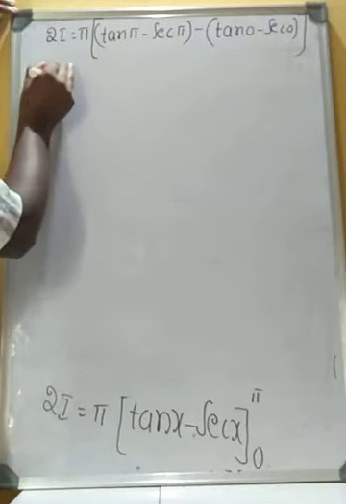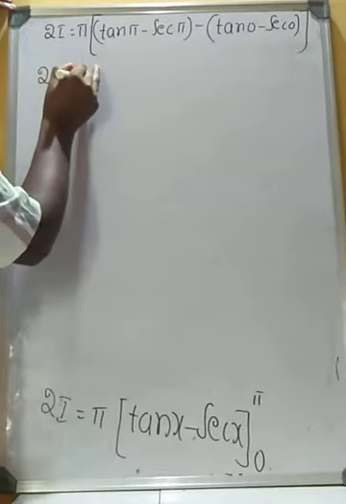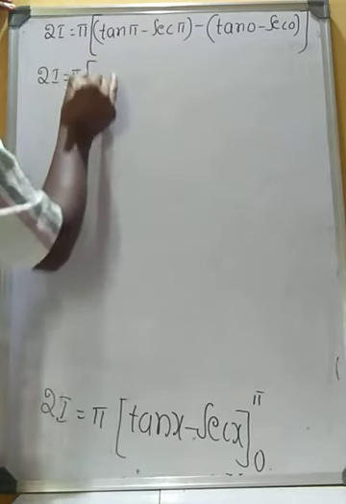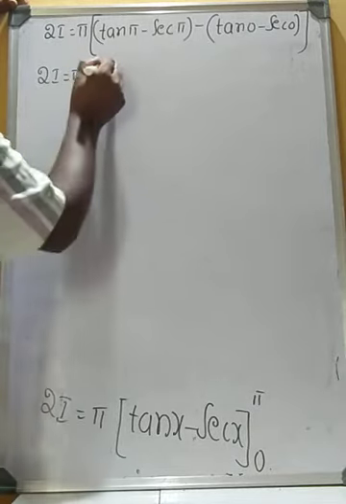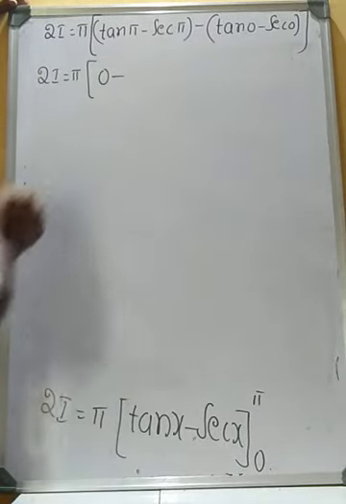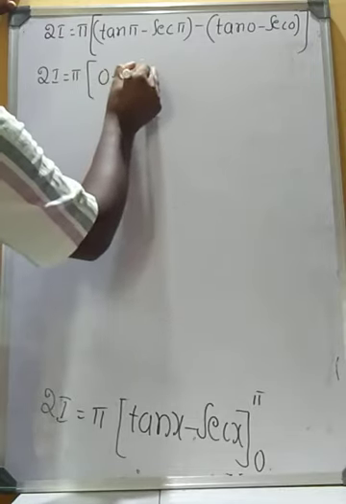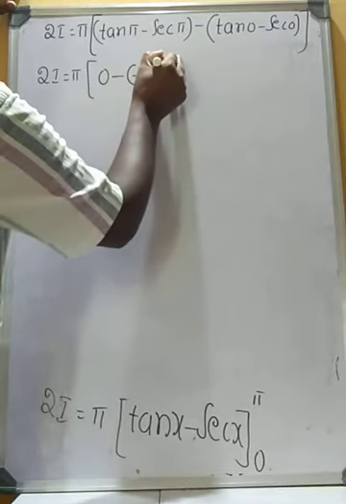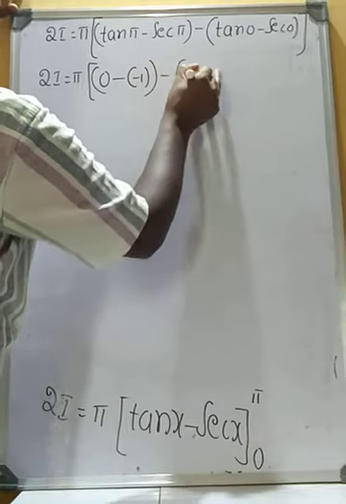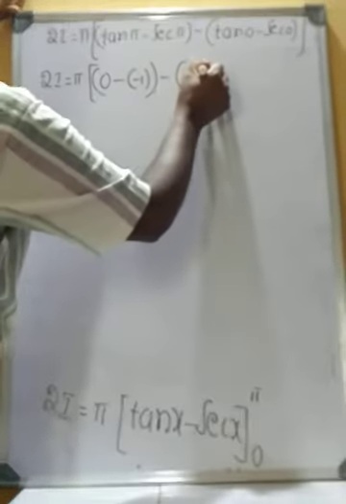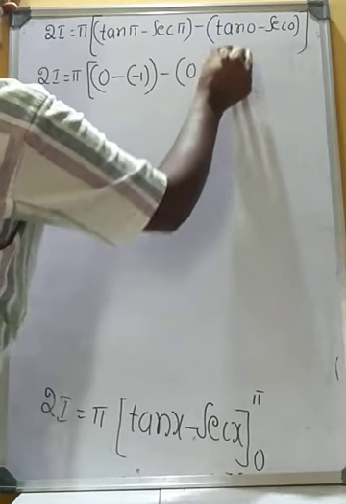Tan 180 degrees is 0, secant 180 degrees is minus 1, tan 0 is 0, secant 0 is 1.